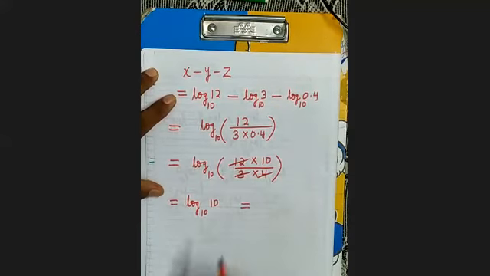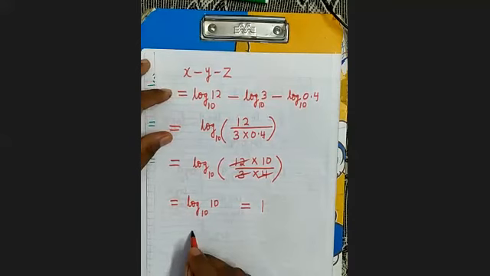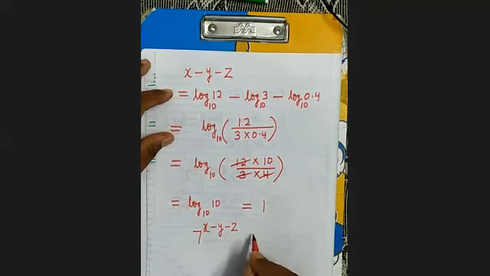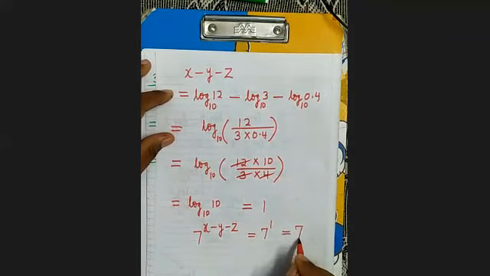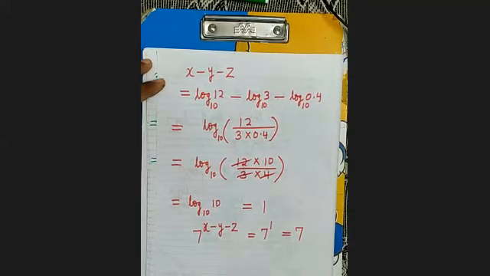And what is log 10 to the base 10? 1. Therefore, 7 to the power x minus y minus z equals 7 to the power 1, equals 7. Have you understood?